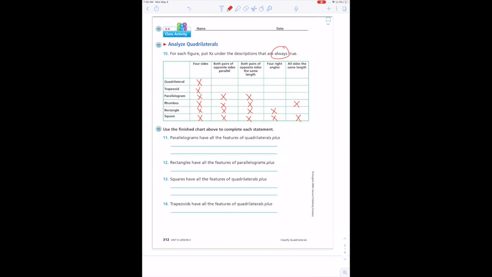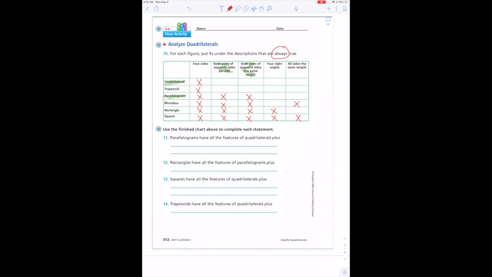So, parallelograms, let's take a look at number 11 really quick. We'll make this fast. Parallelograms have all the features of quadrilaterals. So we're going to look at parallelograms and quadrilaterals. It has all the same features, except we have to add this one and this one.